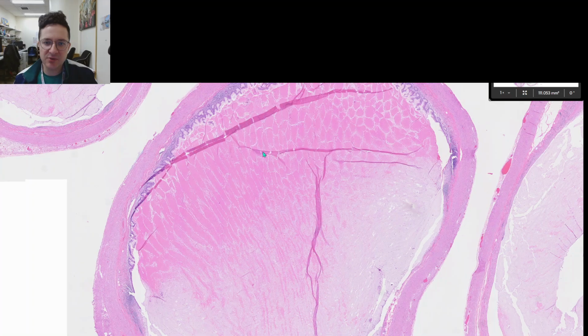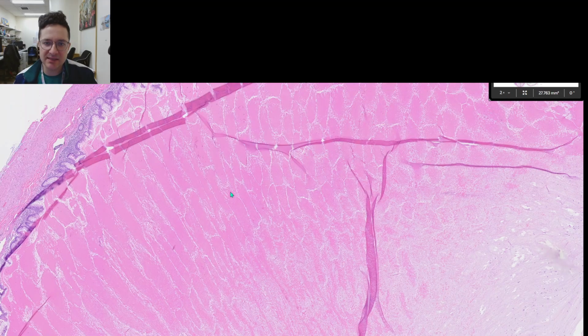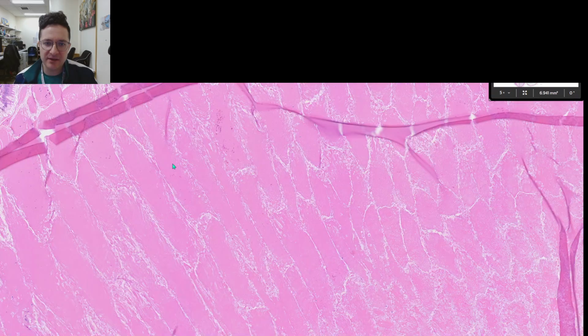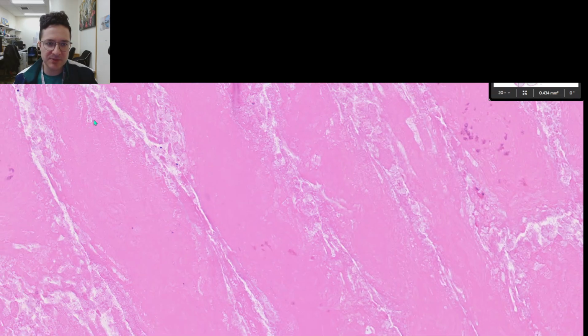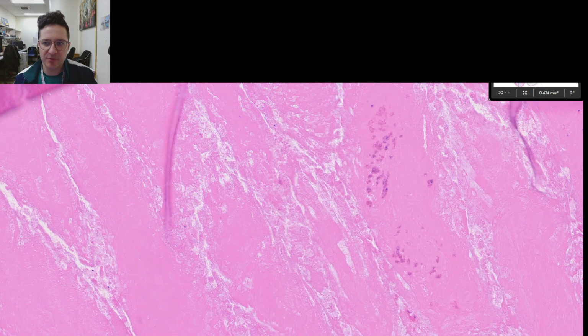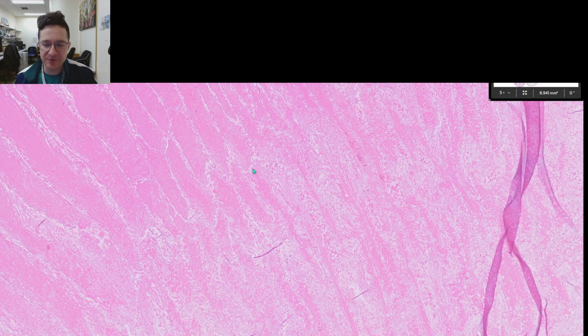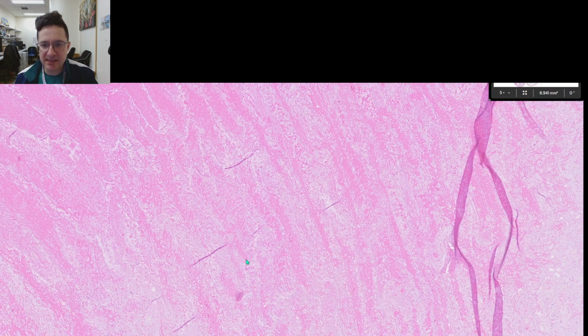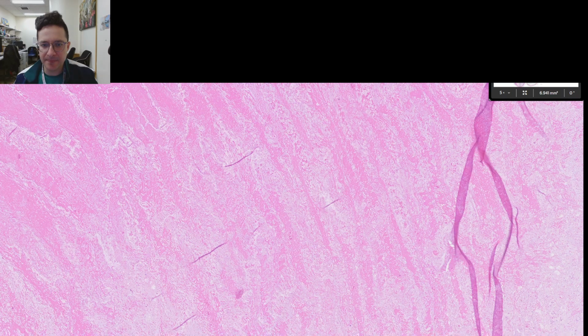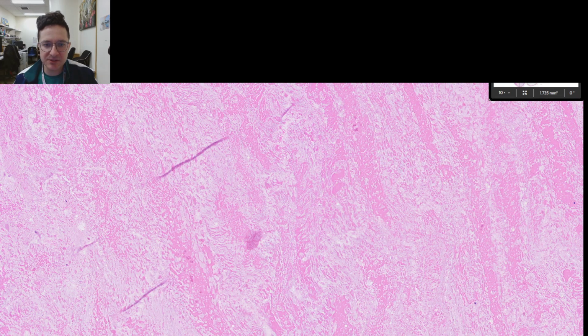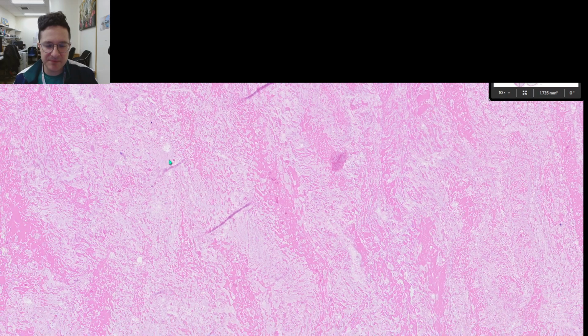You can see this transition zone, this dense hyalinized stuff. Check it out, it's actually a thick proteinaceous fluid, and it's diffusing and getting less and less concentrated, becoming more of this kind of material.